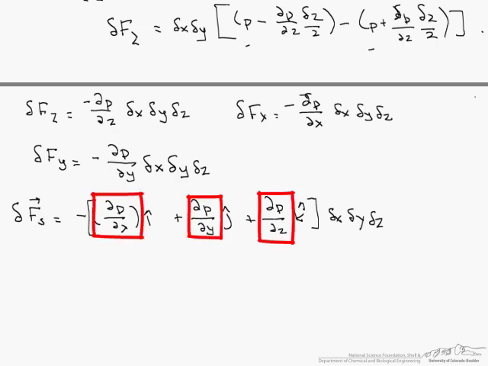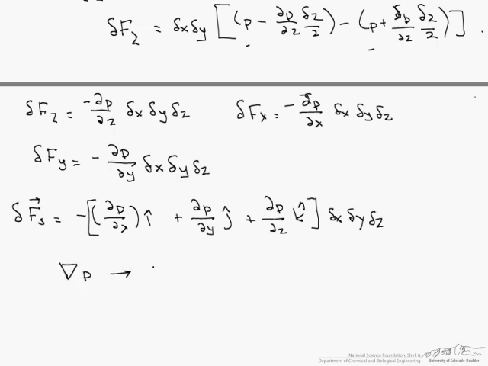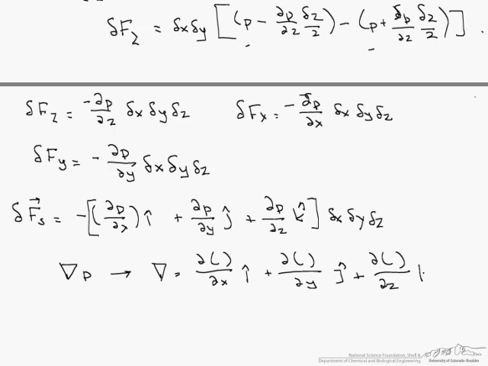If you notice these dp/dx, dp/dy, dp/dz terms, we can actually write this as del p, where del equals d something dx in the i direction plus d something dy in the j direction plus d something dz in the k direction.